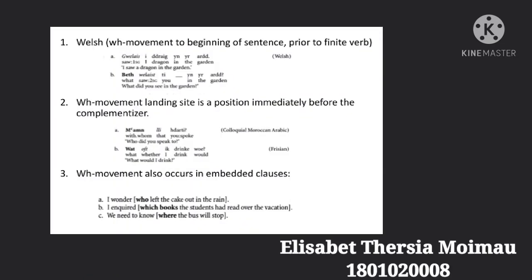I'm Elizabeth Tersimaimau. I will explain some further examples of WH movement. The example you can see in the slide. Okay, the first one is WH movement to the beginning of the sentence prior to the finite verb. The example shows statements and the related WH question with the underlined gap corresponding to the original position of the moved expression.